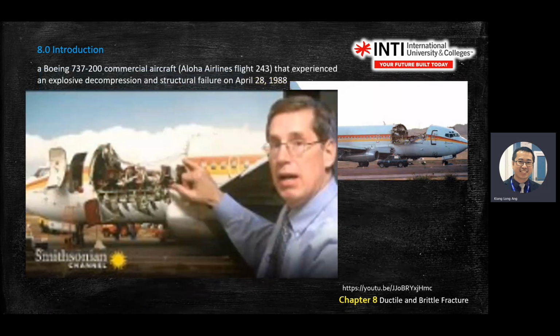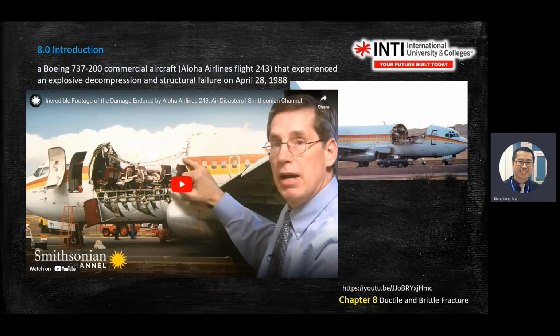Another accident is the Boeing 737-200. This one happened in 1988. As you can see in the small picture here, the whole fuselage section blew off. It was also because of fracture failure, right?